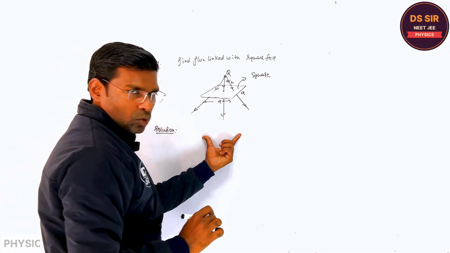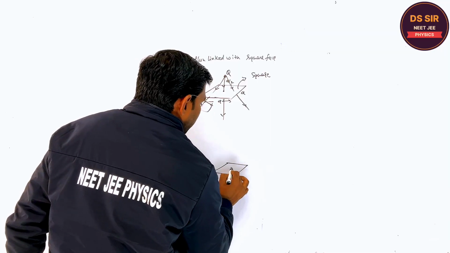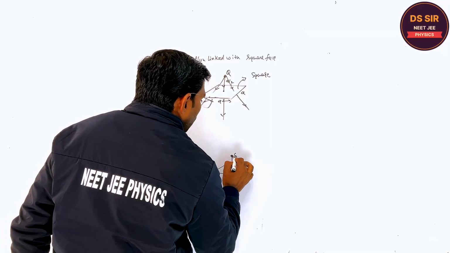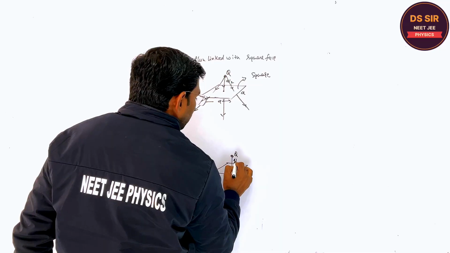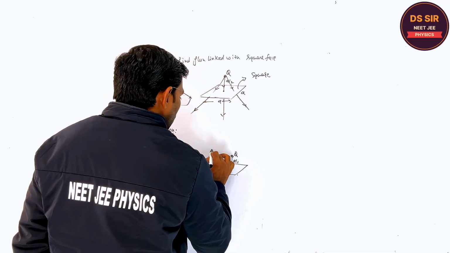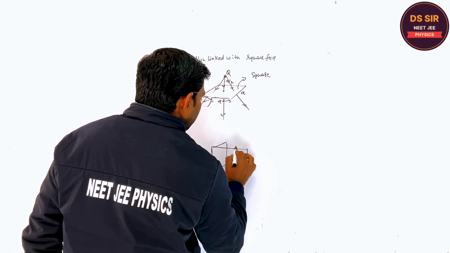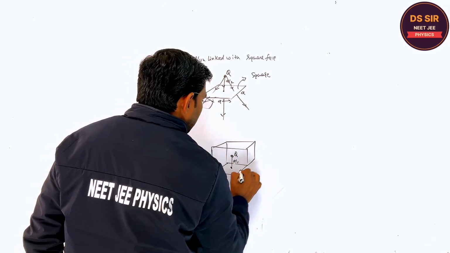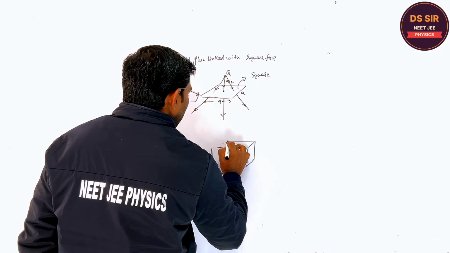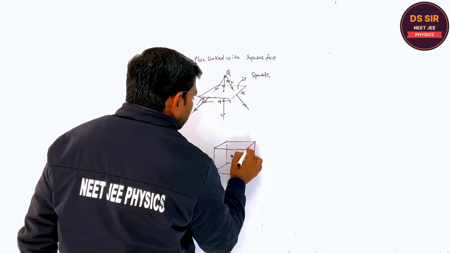Listen one thing. How to solve this question? If this is the charge q over here at distance a by 2, you can assume that there is another face like this.